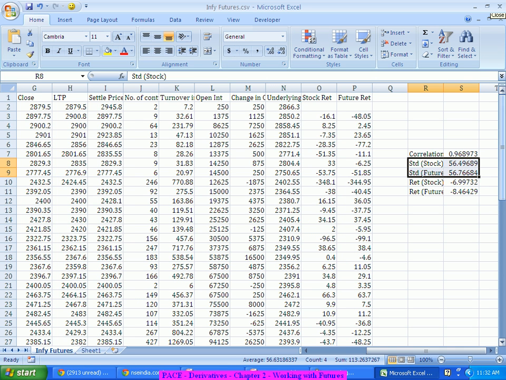Now, my intention is, if I club these two into some portfolio where I buy in one market and sell in the other market, this is what I am calling as a combination. I buy in one market, I sell in the other market.